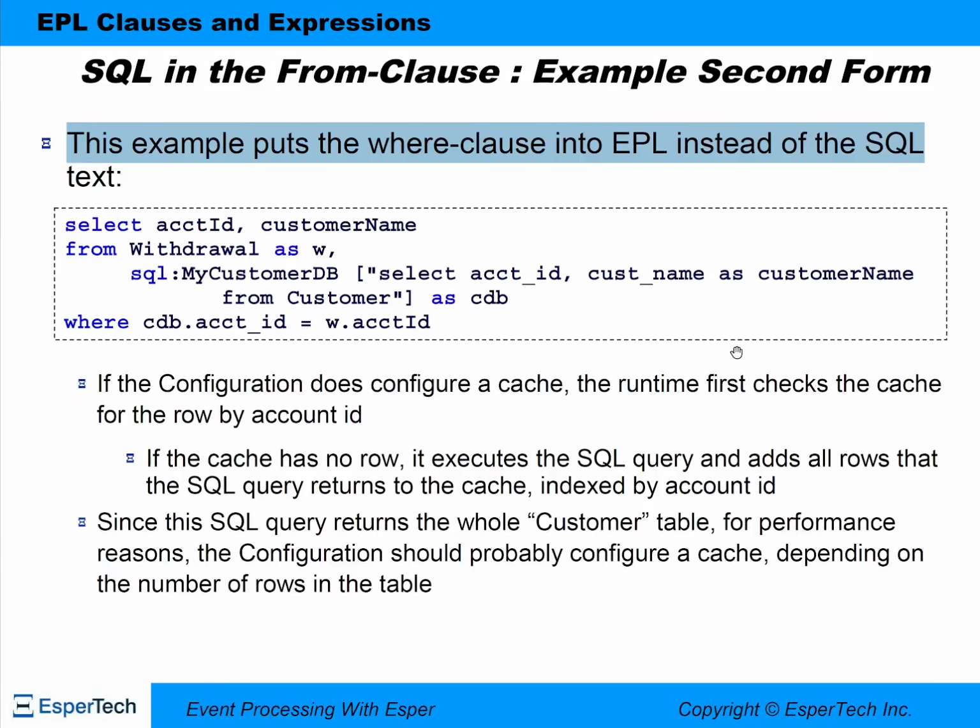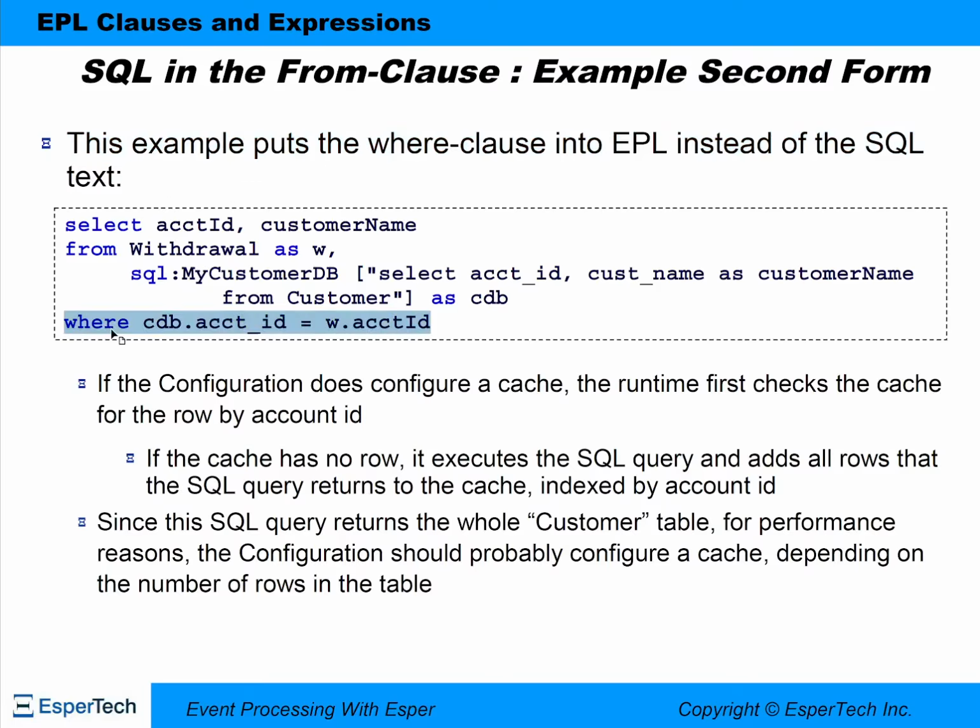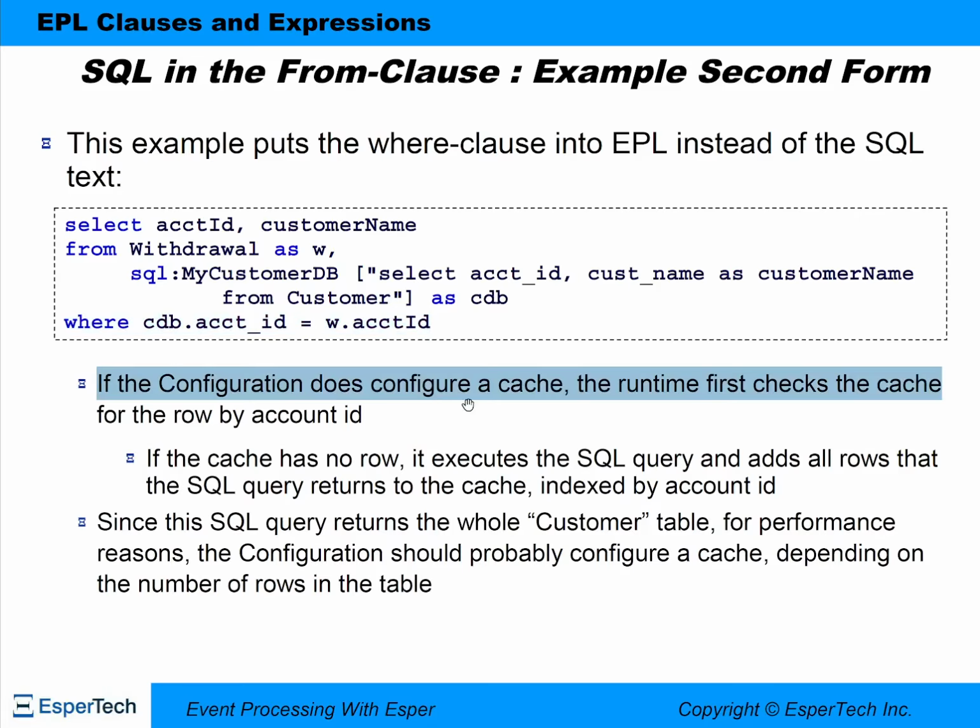This example puts the where clause into EPL instead of the SQL text. The select clause and the from clause are the same as in the last example, but this query has the where clause as follows. Where cdb.acct_id equals W.account ID. If the configuration does configure a cache, the runtime first checks the cache for the row by account ID.